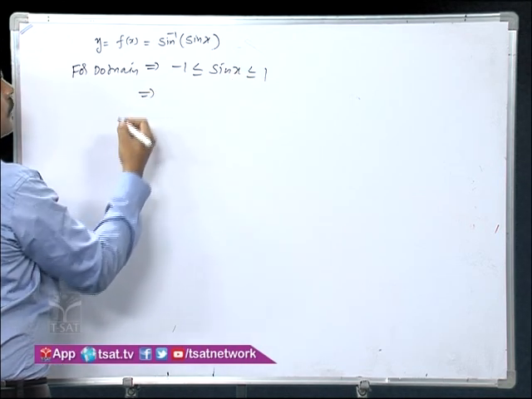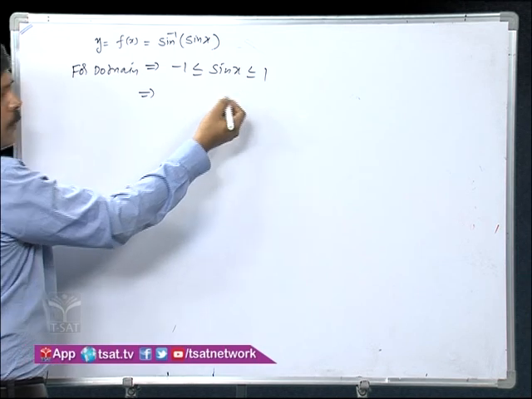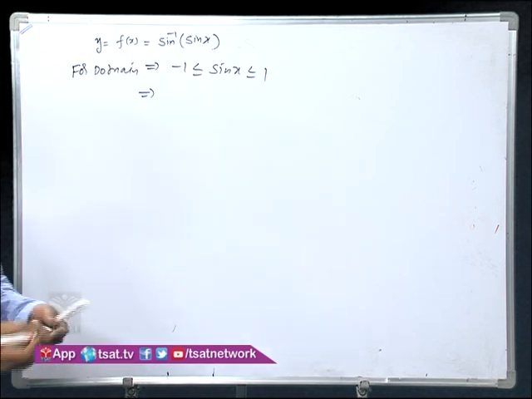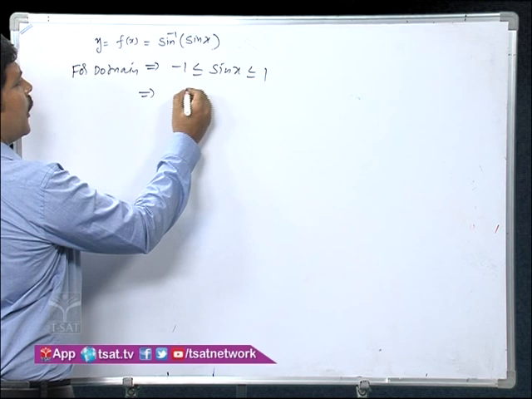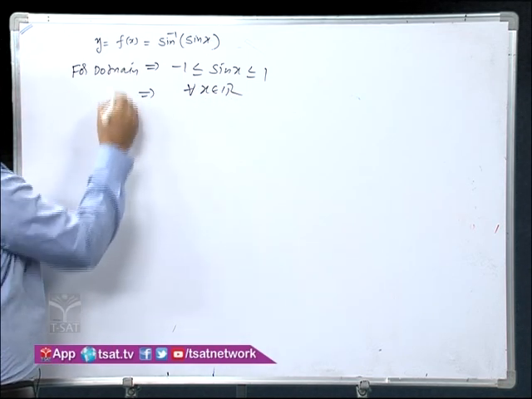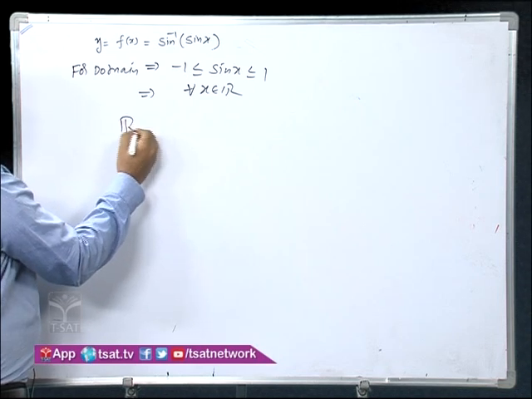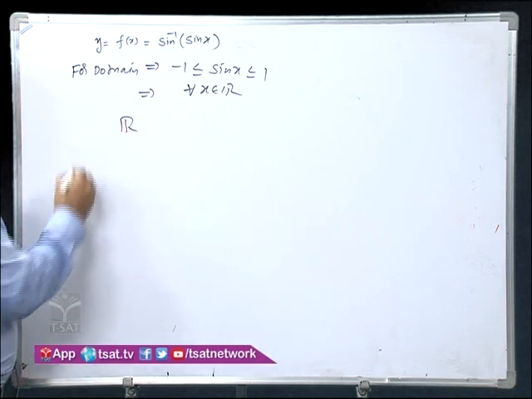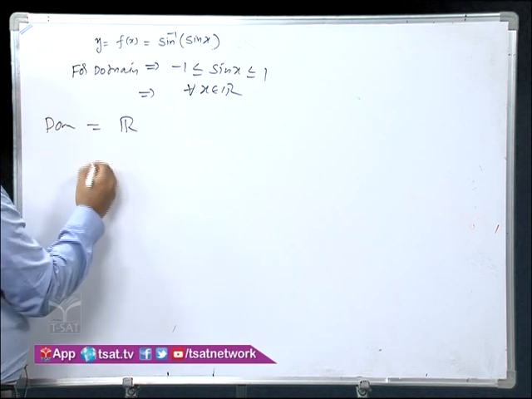It is true for all x belongs to R, because sin x always lies between minus 1 and 1. Therefore the domain of this function is R, that means minus infinity to plus infinity.